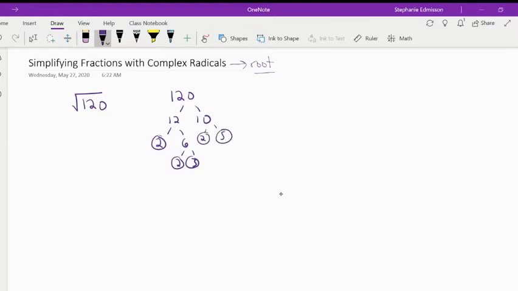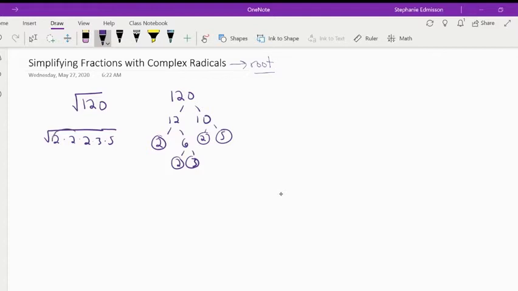So now instead of root 120, we're going to write the product of primes, which is 2 times 2 times 2 times 3 times 5. We always want to make sure our radical covers all the terms inside of it.